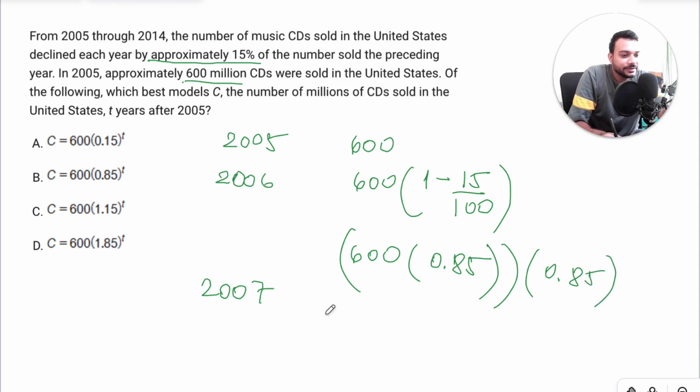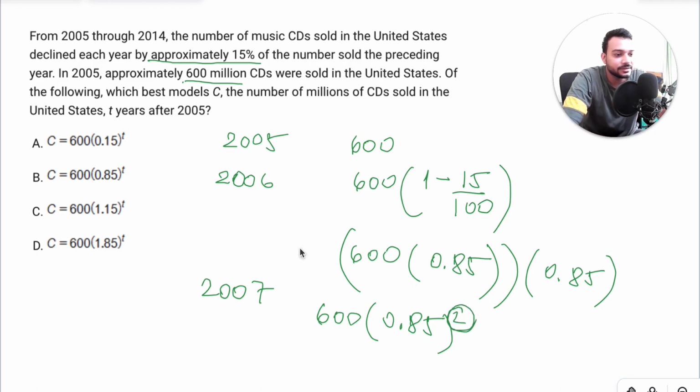Okay, so now this becomes 600 times 0.85 squared. And if you see, from 2005 to 2007, we've taken a time gap of 2 years, which is also the power of this percentage. So as many years pass, that would be the power on top of this 0.85, which is the final value after the decrease.